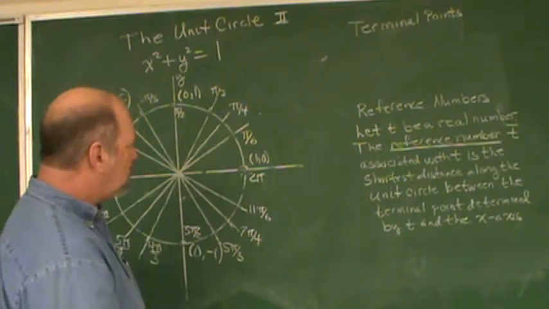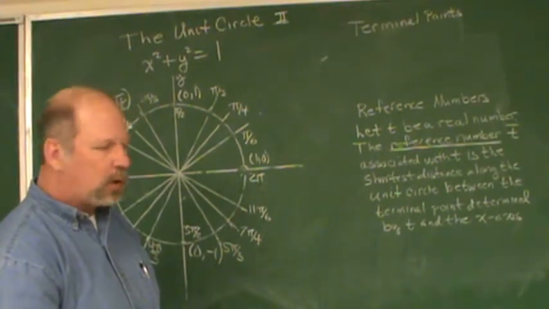You can get just about all of them if you go around in 6.